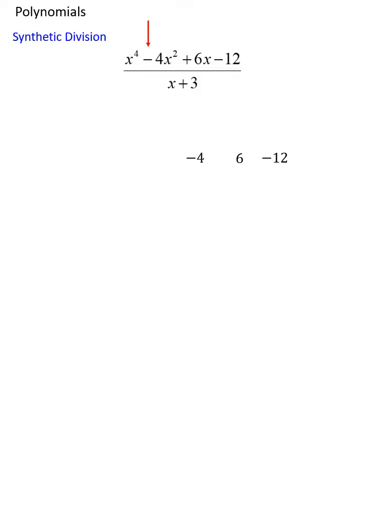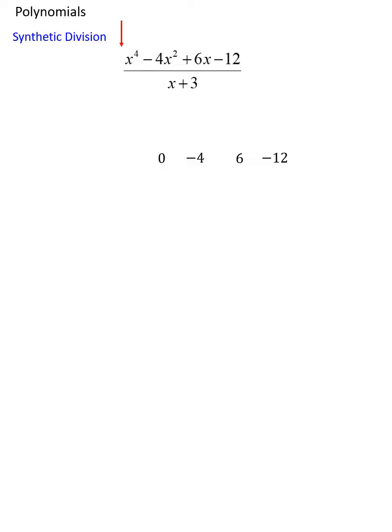Now the next coefficient would correspond to an x cubed term if I have one. Notice I have a 4th degree term and a 2nd degree term, but no 3rd degree term here. So in my synthetic division, I'm going to put sort of a 0 placeholder here to represent the absence of an x cubed term in the numerator.